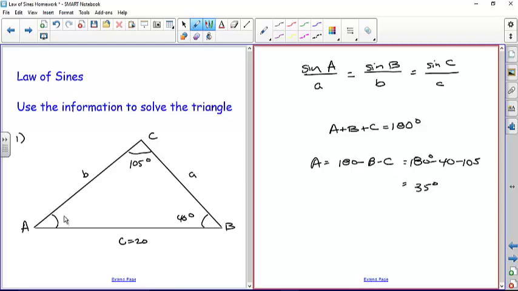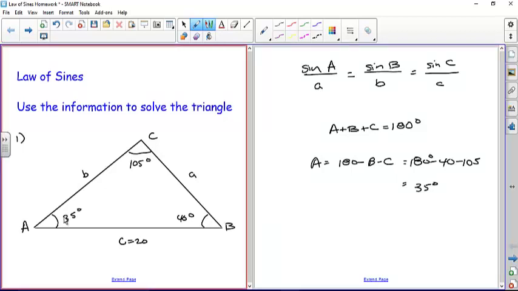So we know that angle is 35 degrees. I'm just double checking on my calculator. 180 minus 40 minus 105. Now I'm wondering whether that's a 46 or a 40. It's 40. Okay, so that's 40. Let me just fix that so that it is clear.